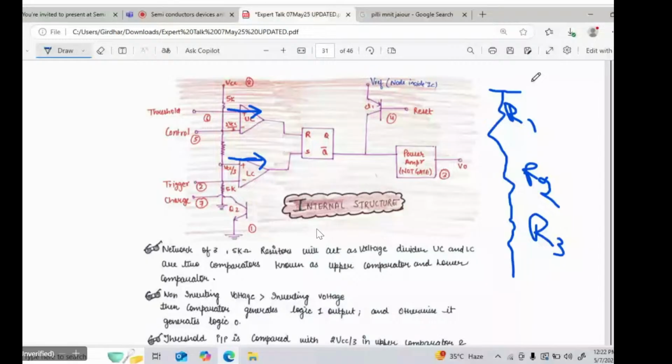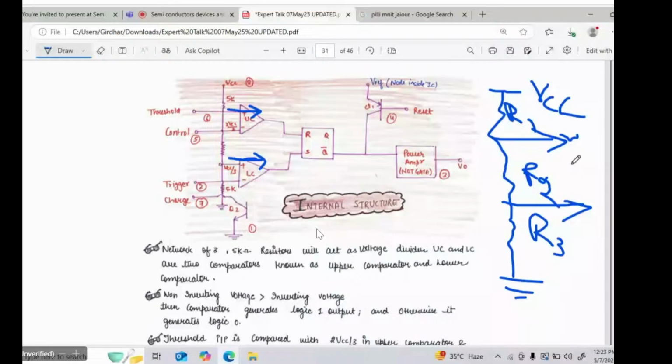This goes to the lower comparator, and this goes to the upper comparator. Now, can you find out the voltage at this node? If you assume these resistances R1, R2 and R3 are of equal value, 5 kilo ohm only, can you find out this value?